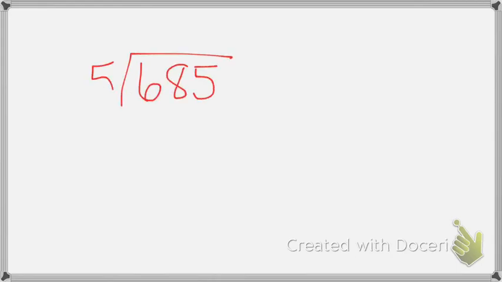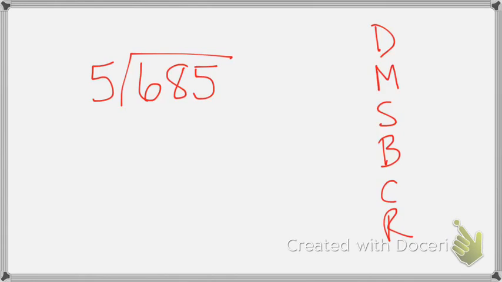All right, the next one we're going to do, 685 divided by 5. Now, again, always feel free to pause and try it out. This one starts a little differently because 6 is larger than the 5, so I can divide my hundreds place this time.